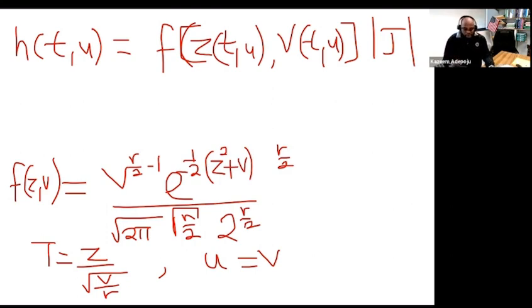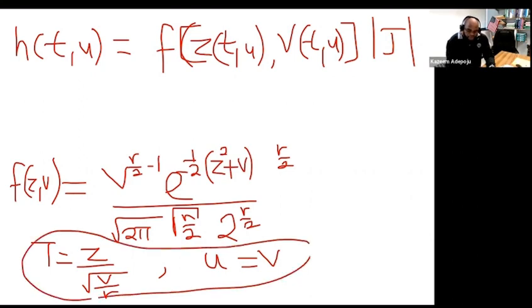So let us do that here. I'm going to have v equal to u. Then I'm going to come here, so we're going to say z equals t.